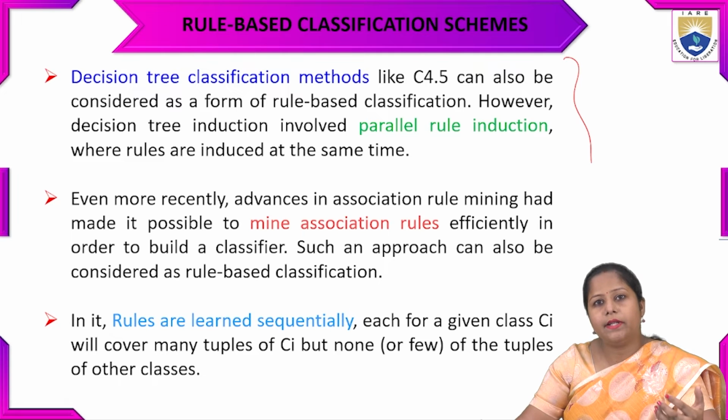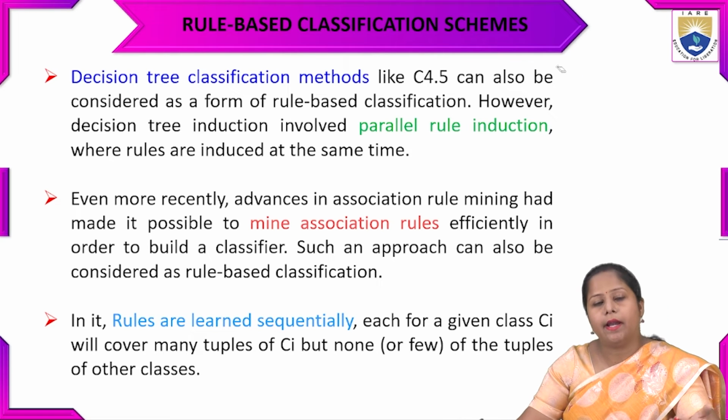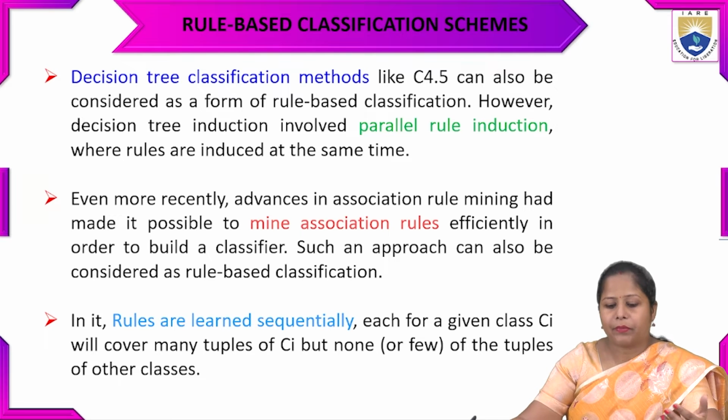However, decision tree induction involves parallel rule induction, where rules are induced at the same time. So decision tree classification methods like C4.5 can also be considered rule-based classification.